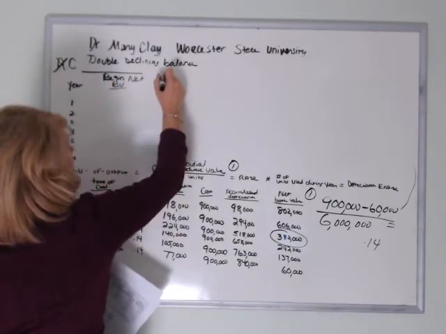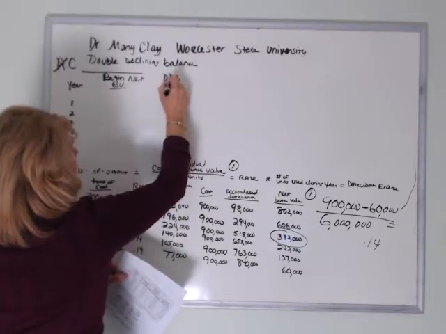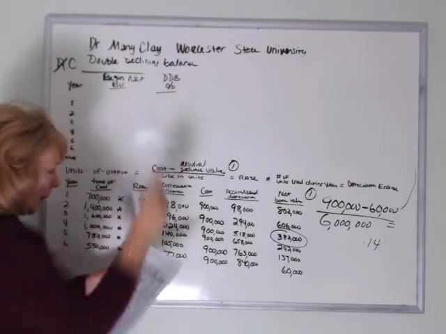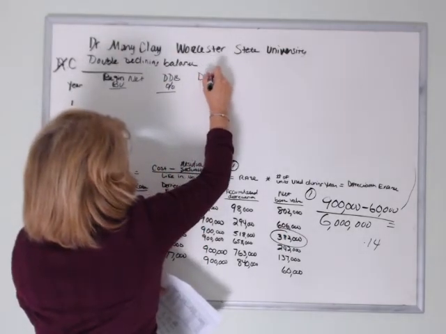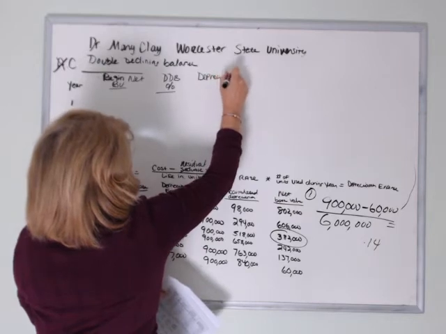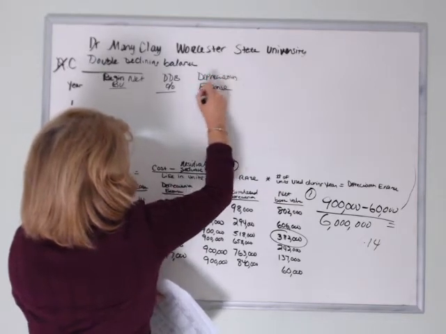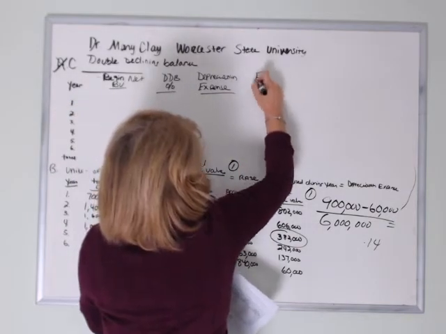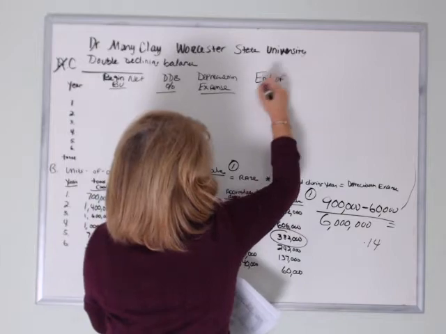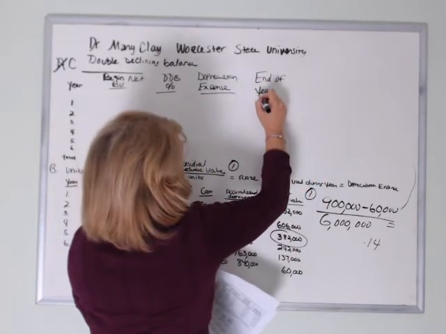Next, you'll have your double declining balance percent. Next, you'll have depreciation expense. Next, you'll have end of year accumulated depreciation.